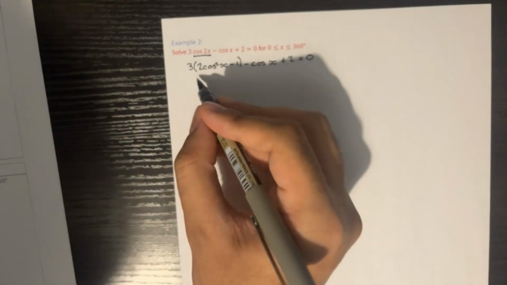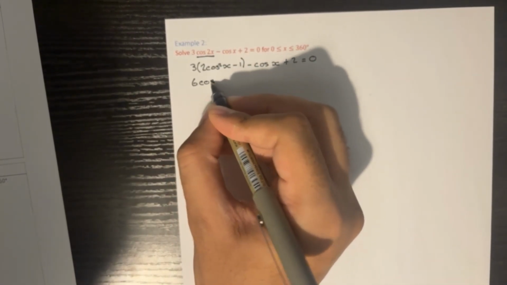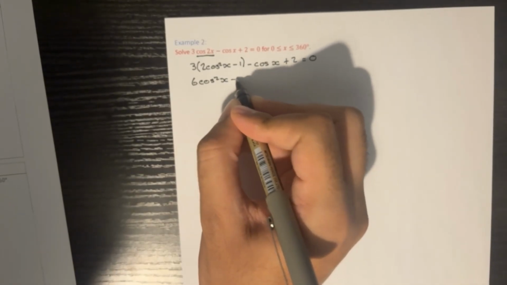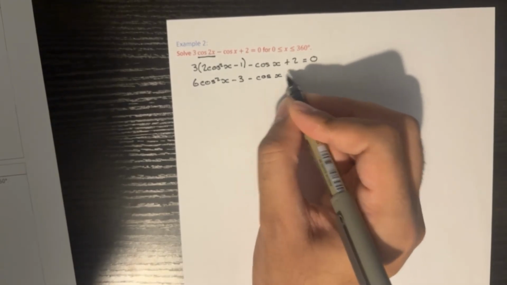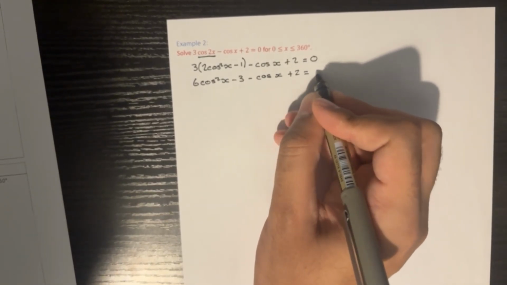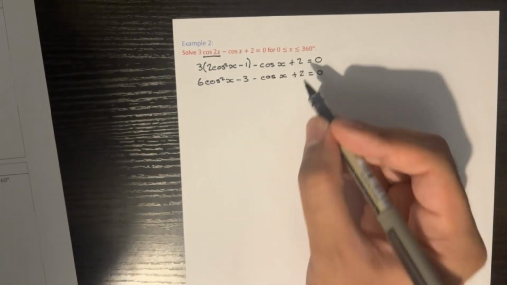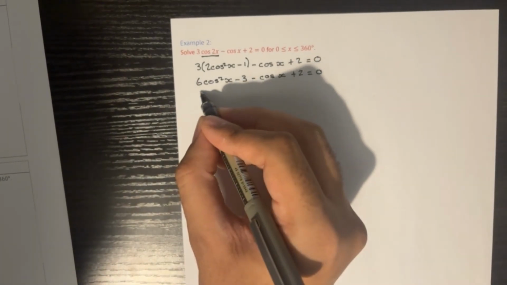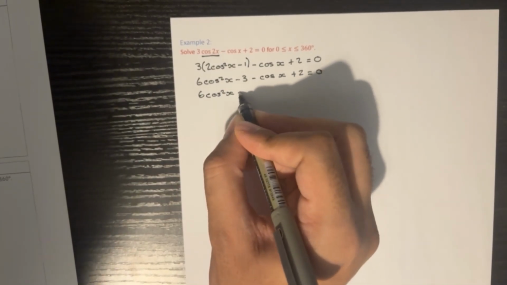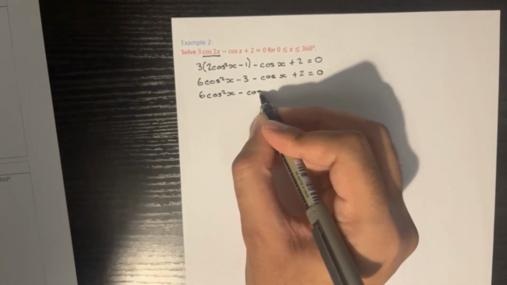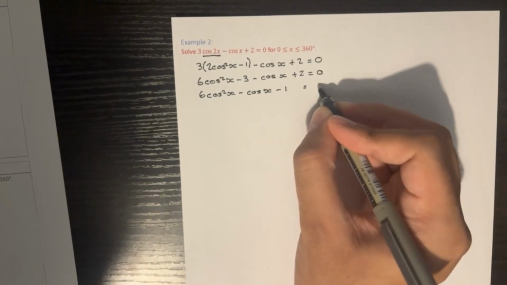We can then expand out this bracket. So I've got 6 lots of cos squared x subtract 3, subtract cos x plus 2 is equal to 0. We can collect together the negative 3 and the positive 2. That's going to leave us 6 cos squared x subtract cos x subtract 1 is equal to 0.